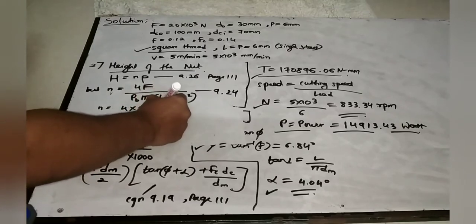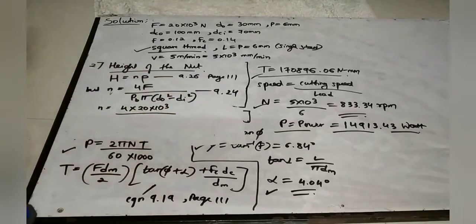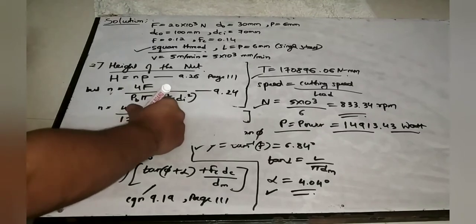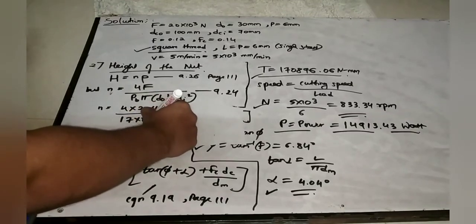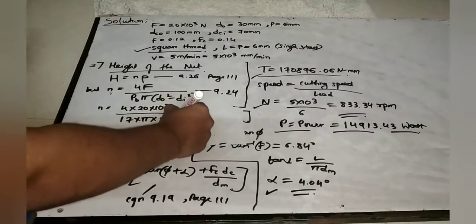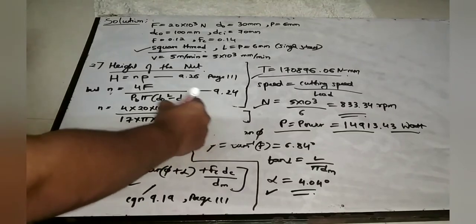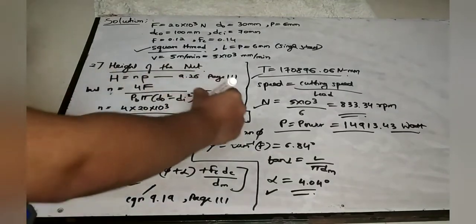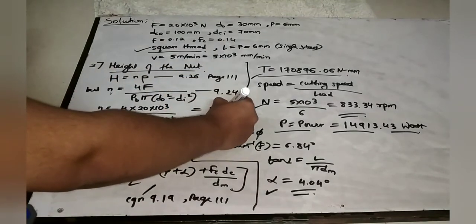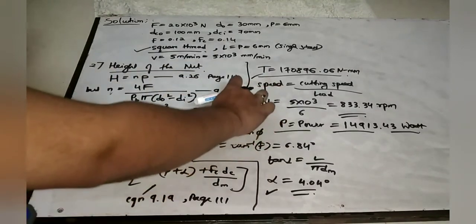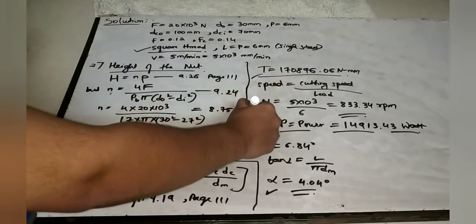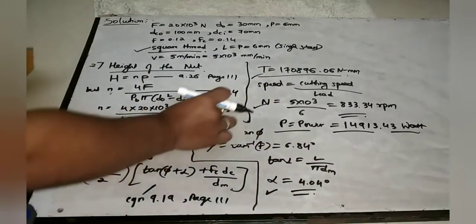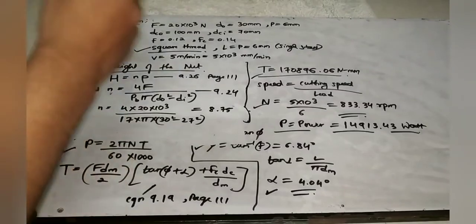into 10 raised to 3 load. Bearing pressure is given in the question, 70 into pi, outer diameter is 30 square minus 27 square. So it comes to be 8.75. But the threads will not be in fraction, no, threads have to be complete.